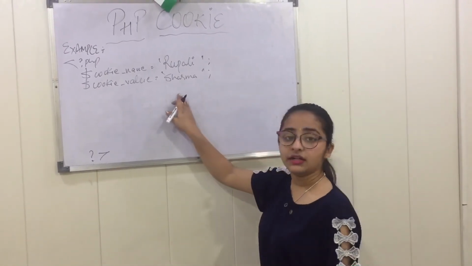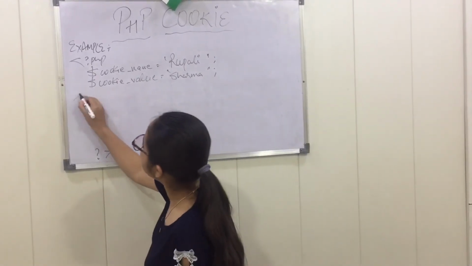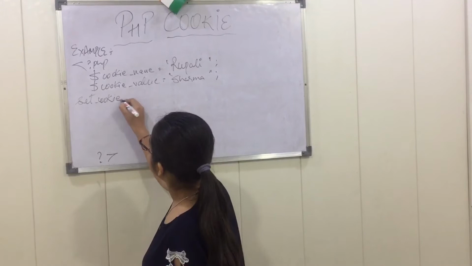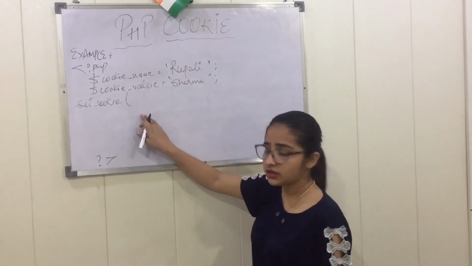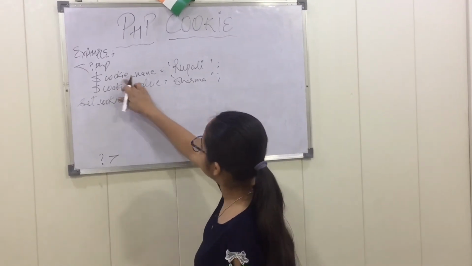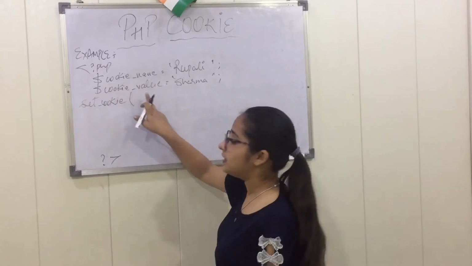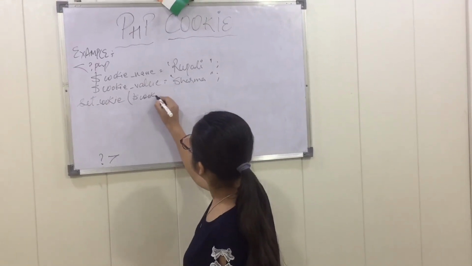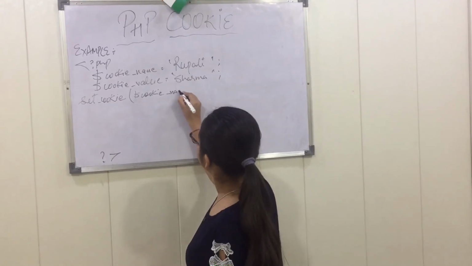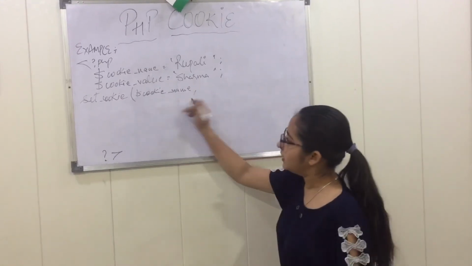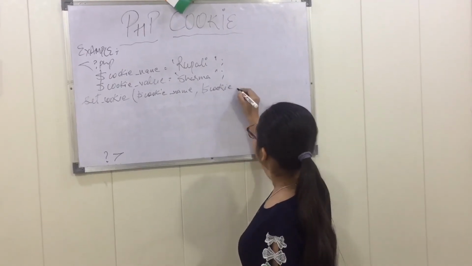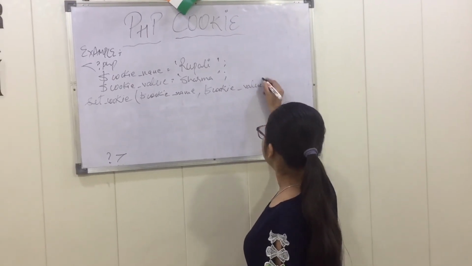After that we will create a cookie using setcookie. In the function we will write first of all dollar cookie name and then dollar cookie value.